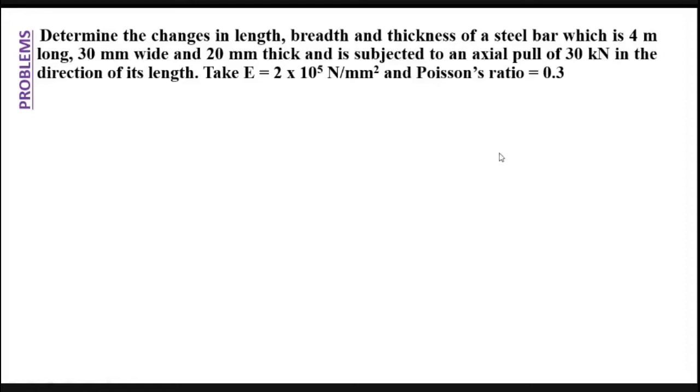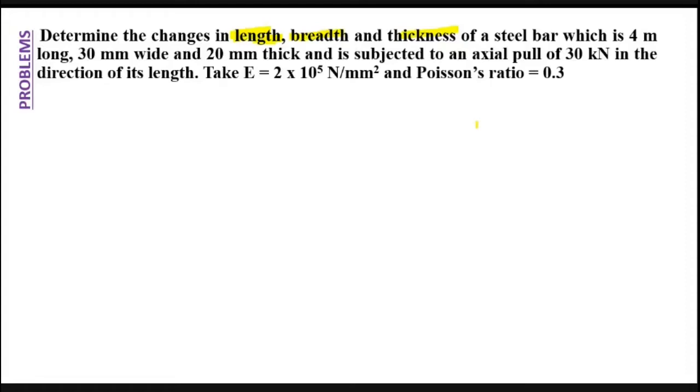So in most of the previous problems we solved, it was only related to change in length. This problem deals with change in breadth and change in thickness, which goes into 2 dimensions. That is what I say, these problems are related to 2-dimensional problems, right? Of course, you can also go for a 3-dimensional problem.